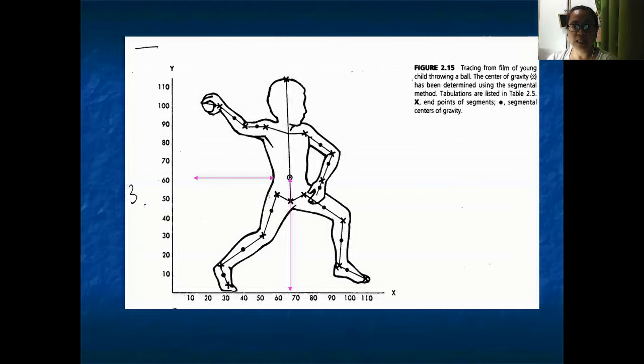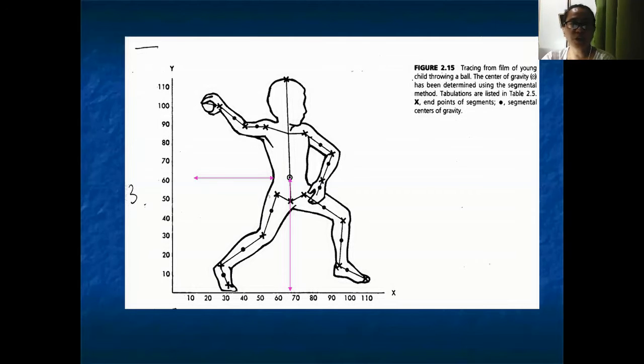Then the navel is the midpoint of this movement, while the angle is mostly 100 degrees, and maybe the time and measurement as exerted by these two labels, which is traced from film of a young child throwing a ball. The center of gravity was determined using the segmental method. Then the tabulations are listed, where the X is the endpoint of a segment, and the other one is the segmental centers of gravity.